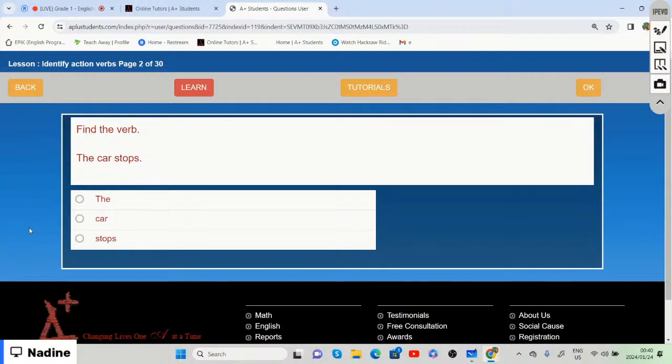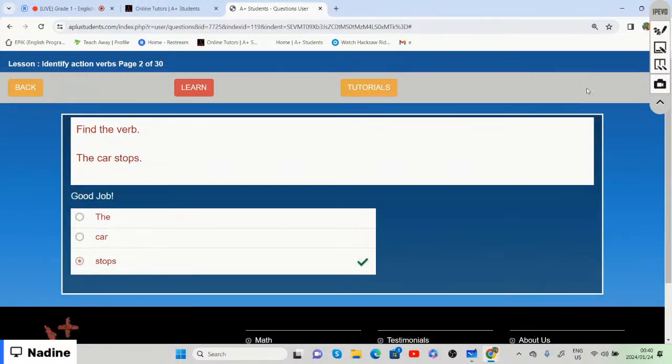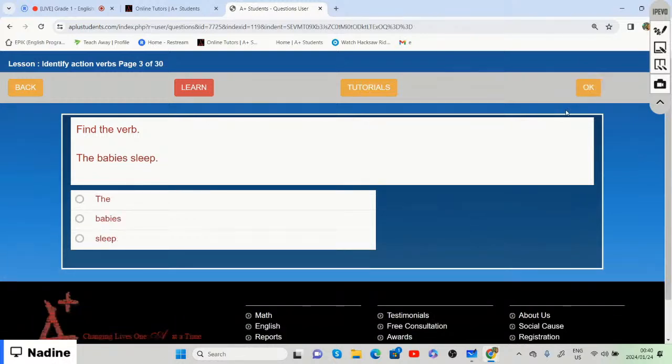And if we identify our action verbs, stops is our verb.